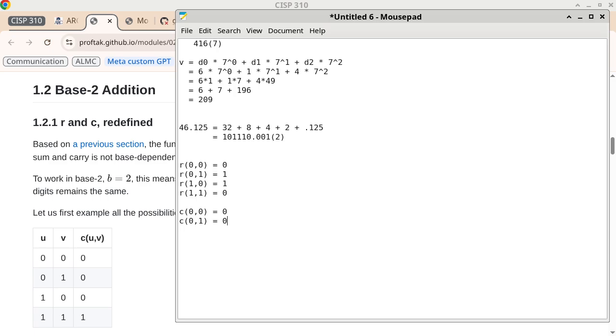It would be a 0, because 0 plus 1 is just a 1. It does not need a carry of 1. What about adding 1 to 0? What is the carry of 1 plus 0? Also 0. And adding 1 to 1 is the only time you have a carry of 1. And that's it.